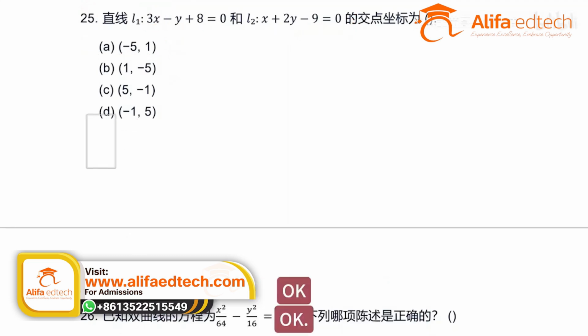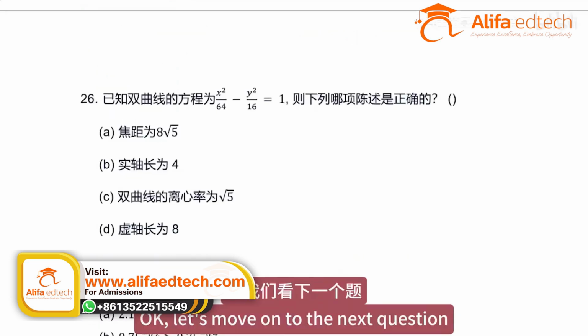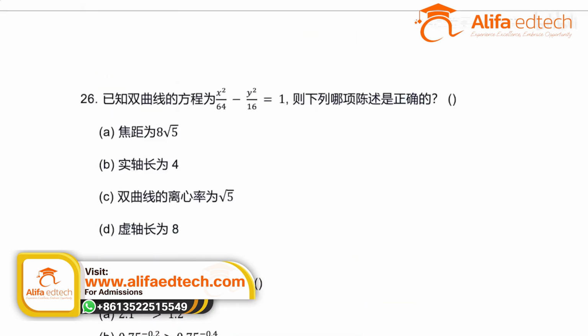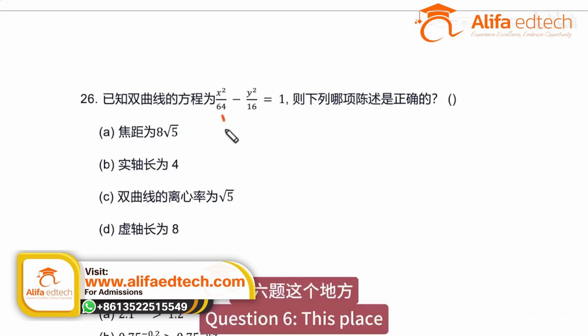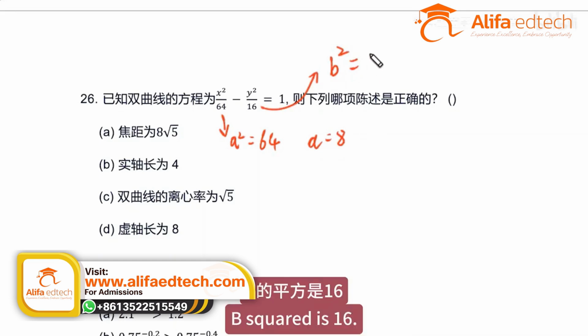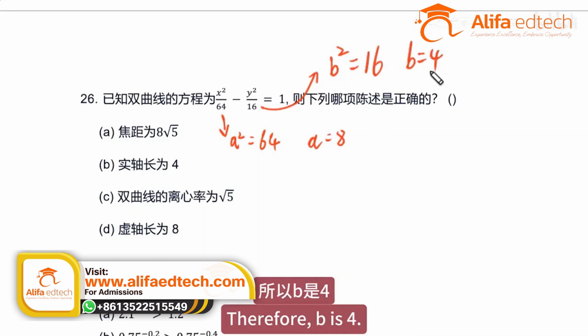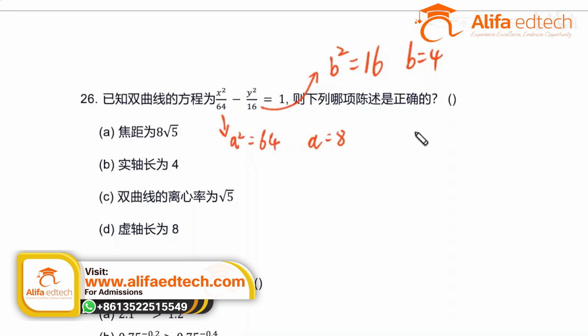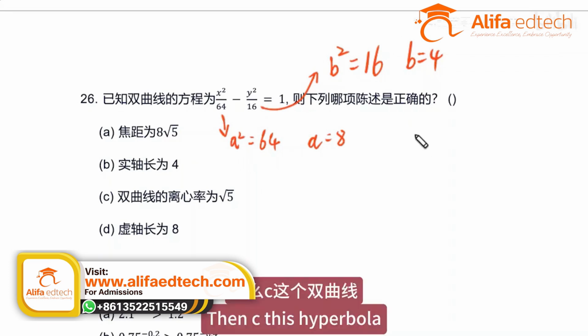All right, let's take a look at the next question now, which is question number 6. Here is A squared. A squared is 64, so A is 8, and here is B squared. B squared is 16, so B is 4. Now for C, this hyperbola, right?